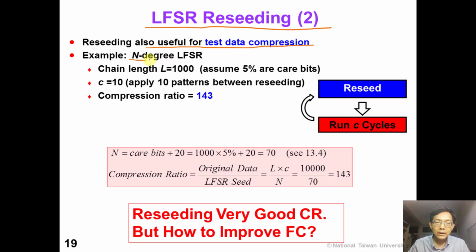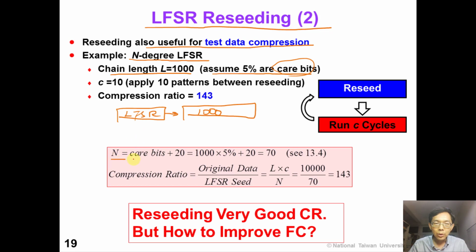Suppose that we have an n degree LFSR that feeds a scan chain of 1000 scan cells. We assume only 5% of the bits are care bits. If you remember, in chapter 13.4, we mentioned that the LFSR degree is equal to the number of care bits plus 20.